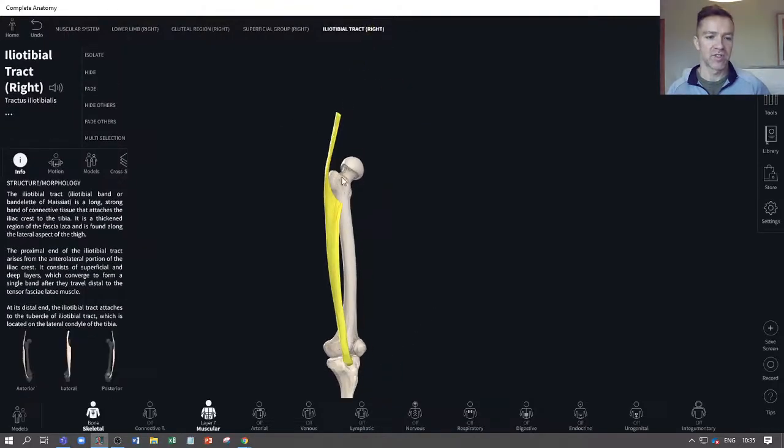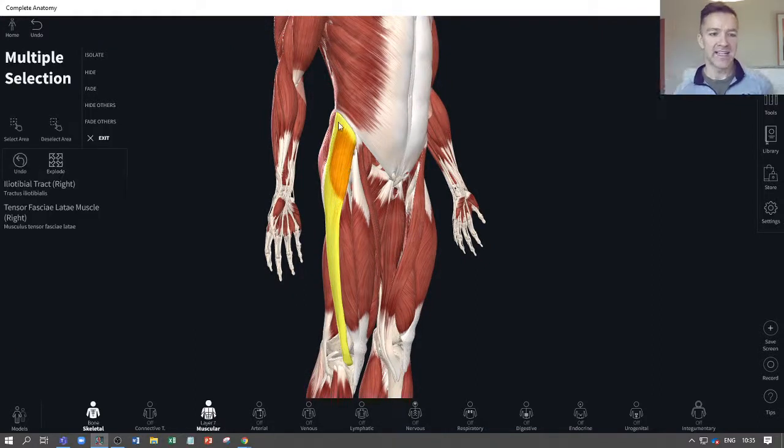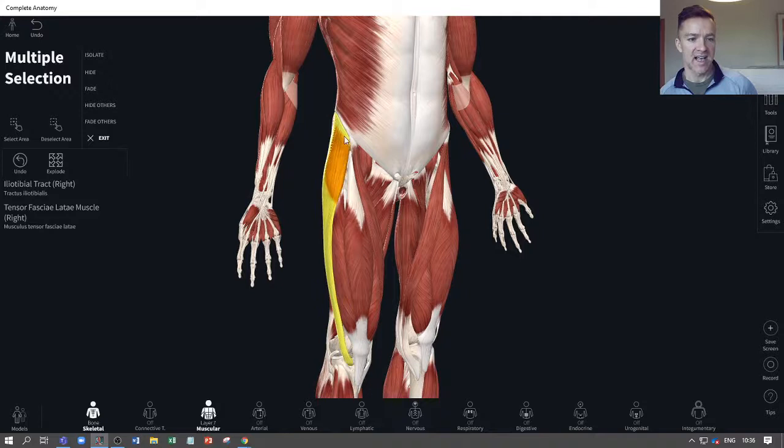So if we look at the two of them together, we have the TFL muscle and the iliotibial tract, the band of connective tissue that work in unison together. So this muscle starts up on your hip, on your iliac crest and your ASIS. Then the muscle ends. The muscle is quite short. The belly of the muscle is only up here, around about the size of your glutes there.